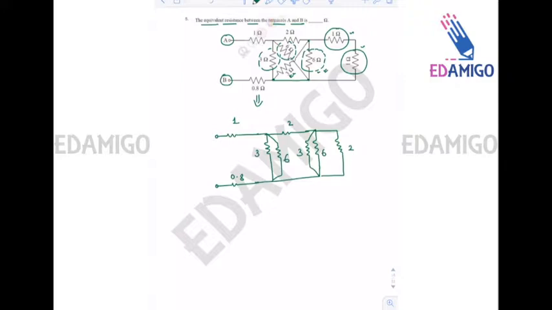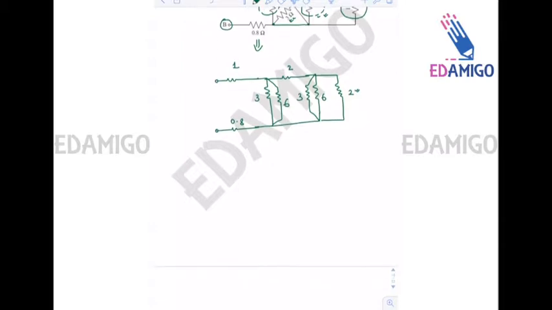Okay, so from where 2 is coming, 1 and 1 are in series, right? So these three resistances are in parallel. Okay. So the resultant will be, and these two also are in parallel.